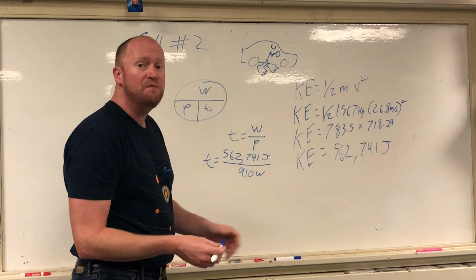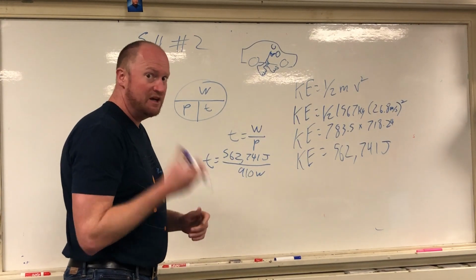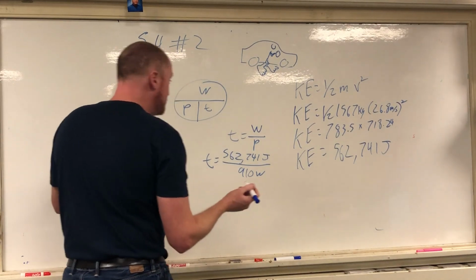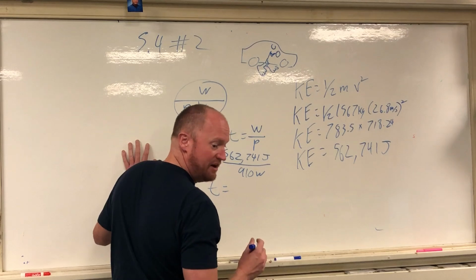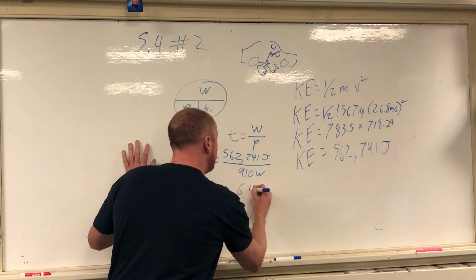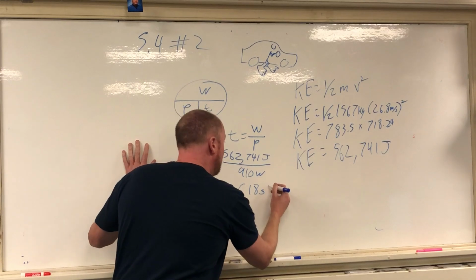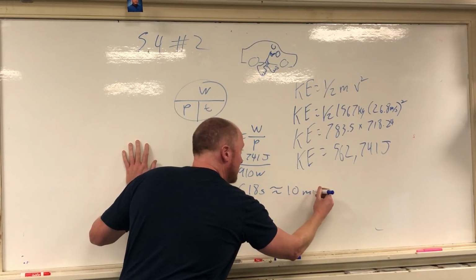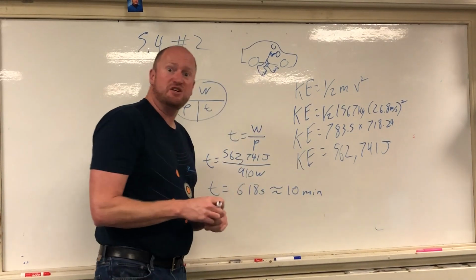Unless you're as big as me and as fast on your feet, you're not going to have a number that big for power. So it's whatever your number for power is. Now, if I divide these two together, my time is equal to 618 seconds, which is roughly a little more than 10 minutes for me to move my feet and get myself up to 60 miles an hour.